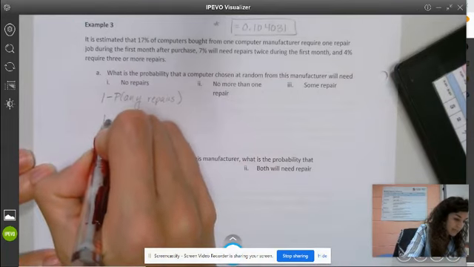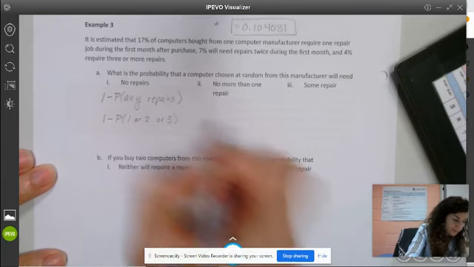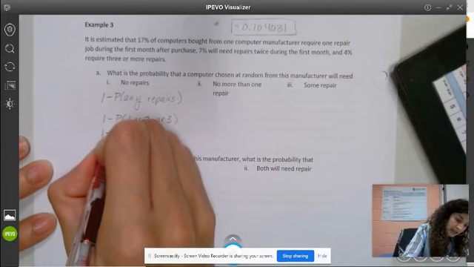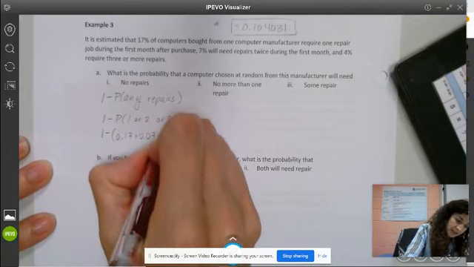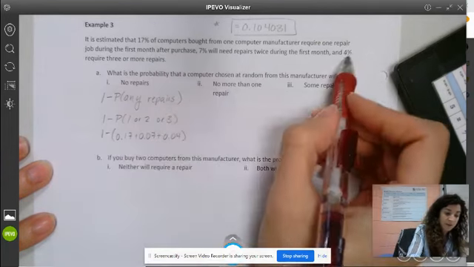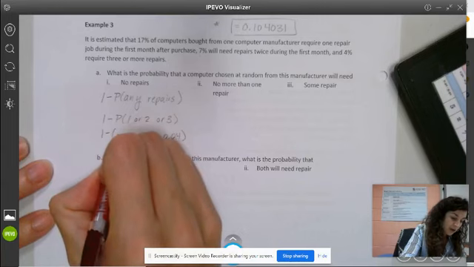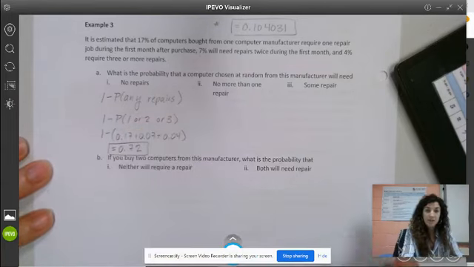Which means I need to do 1 minus the probability of 1 or 2 or 3, so I need to subtract all of those percentages out. 1 minus 0.17 plus 0.07 plus 0.04. All I did was convert these percentages into decimals down here. Subtracting them all out, you should have gotten 0.72, which is a very high percent.